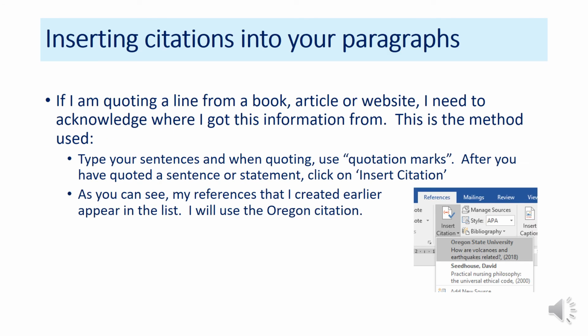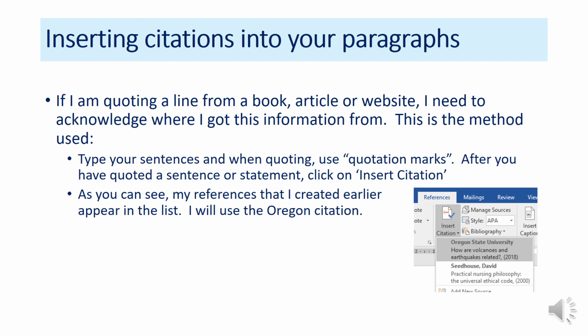So if you've been asked to insert citations into paragraphs, it's quite easy, because you've already done the work. But the point is that you needed to have already referenced the items, whether it's a website, an article, or a book, into that bibliography already. So you need to have referenced them already, yeah?